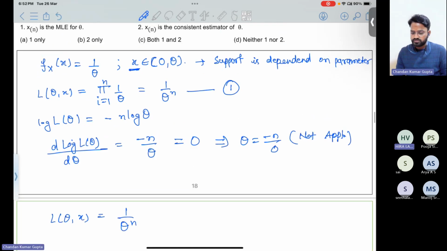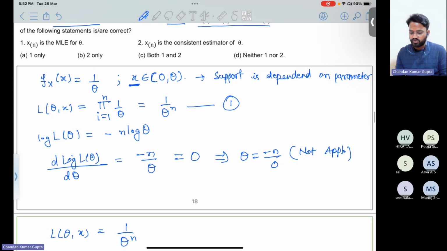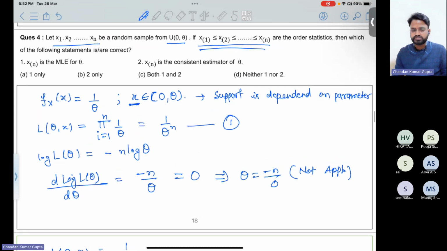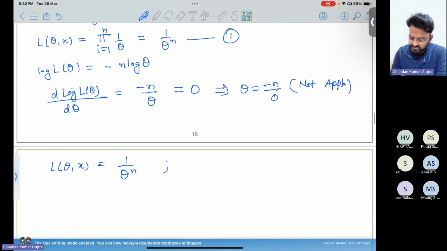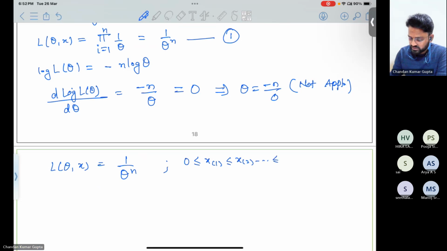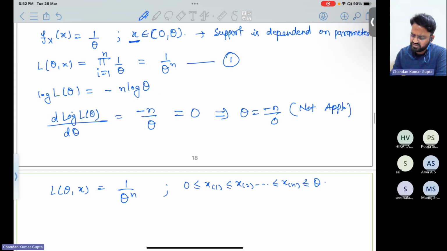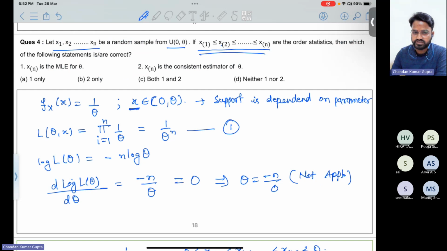Inversely proportional, exactly. And also here, it is ordered statistics, it is clearly given. Now we can write it like this: 0, x1, x2, up to xn, theta. It is given here clearly.